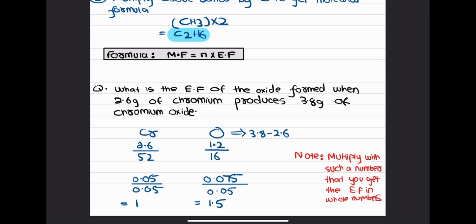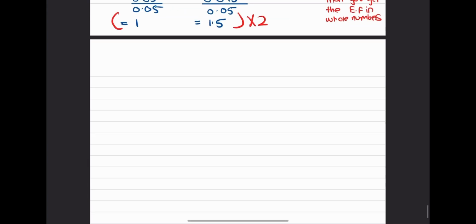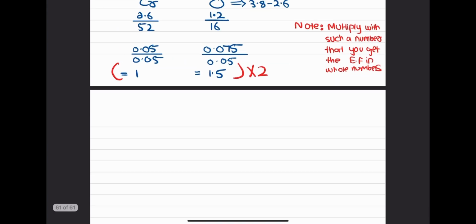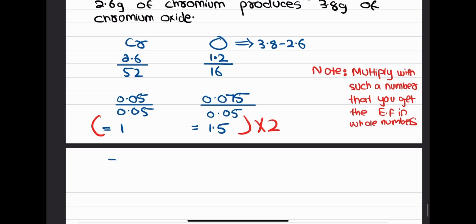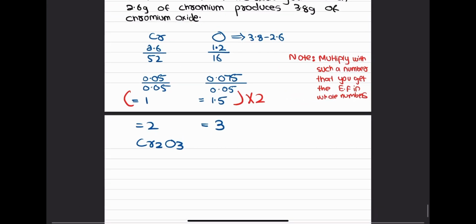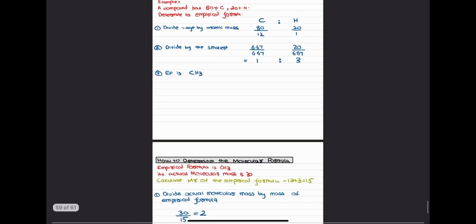Why? Because it should not be in fractions, so which number will we multiply it with? We will multiply this whole thing with 2. So when we multiply this whole thing with 2, we will get chromium to be 2 and oxygen to be 3. So what will be the answer? Cr2O3. Okay?